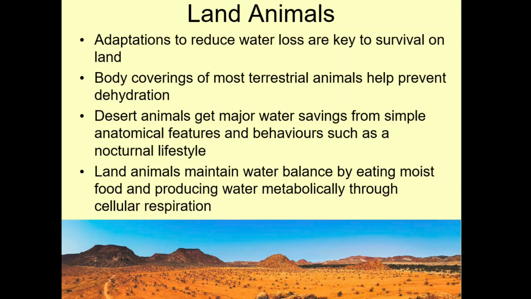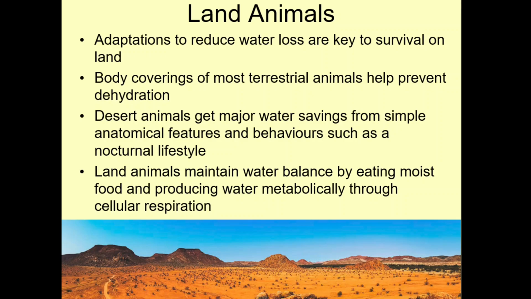And land animals will maintain their water balance through eating moist food and also consuming water, and also producing water metabolically through cellular respiration. So in a previous session, we looked at the process of cellular respiration, and we saw that water is produced during glycolysis and also through oxidative phosphorylation.